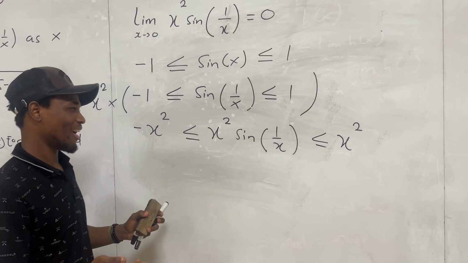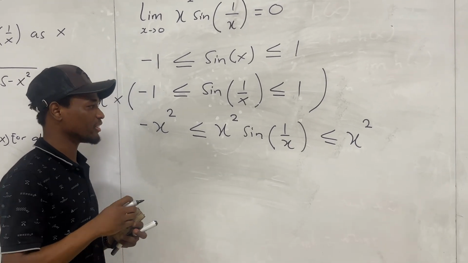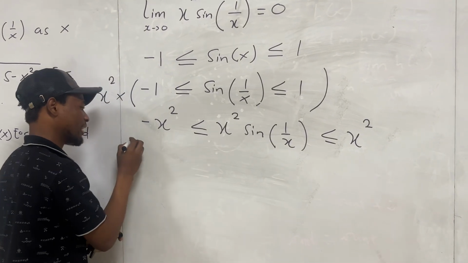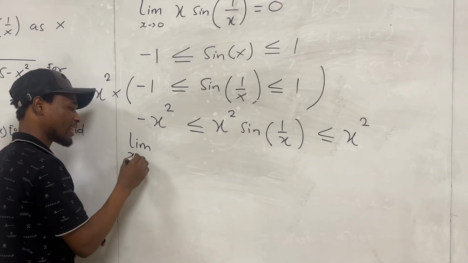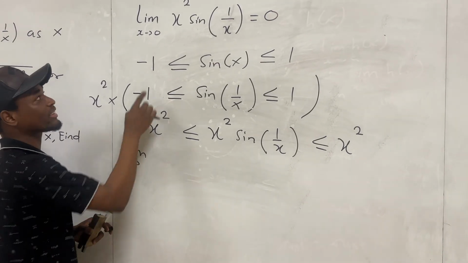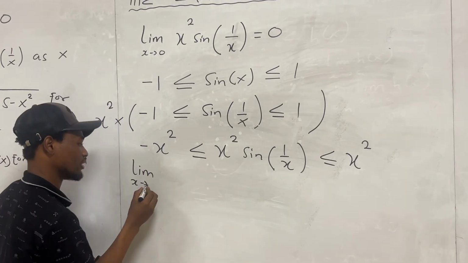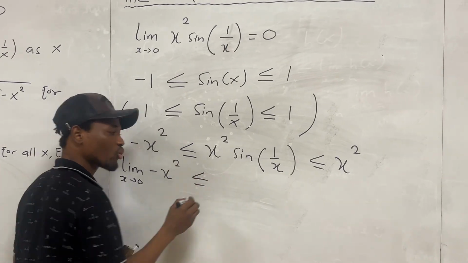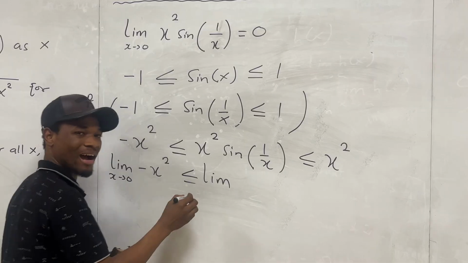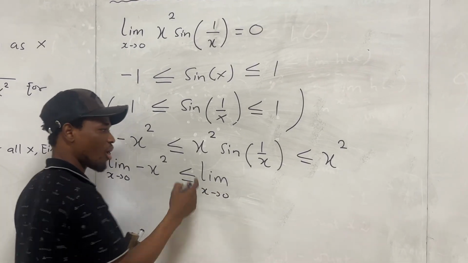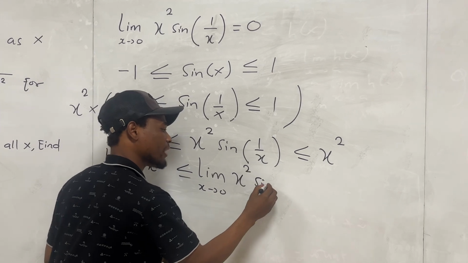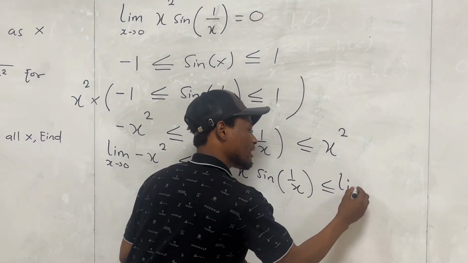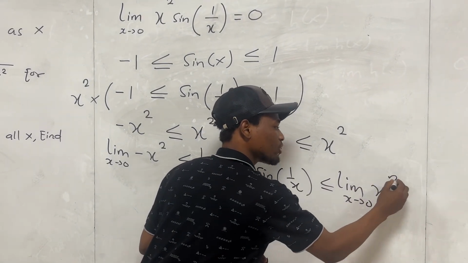As simple as that. Now viewers, what do we do here? You take limits. So we have the limit as x approaches 0 of negative x squared, less than or equal to the limit as x approaches 0 of x squared sine 1 over x, less than or equal to the limit as x approaches 0 of x squared.